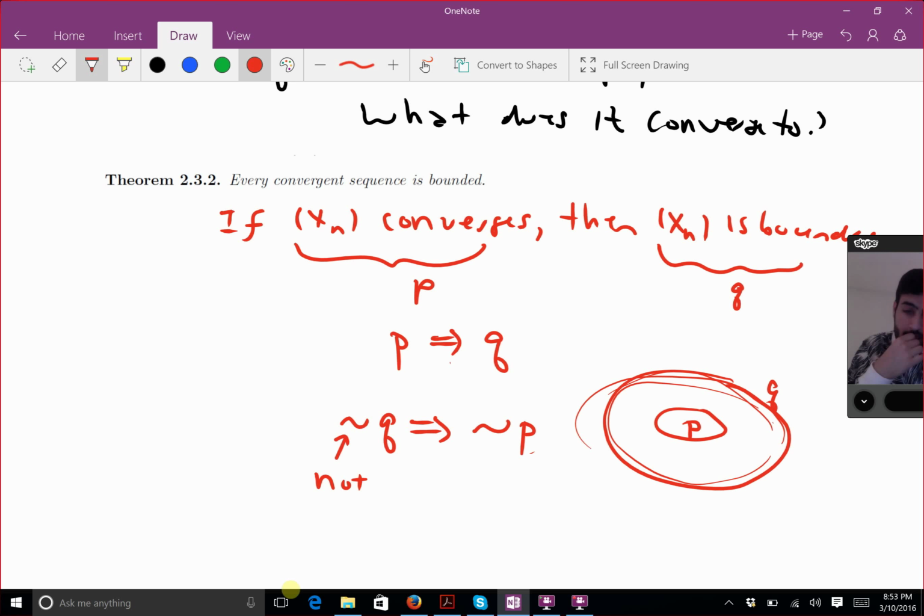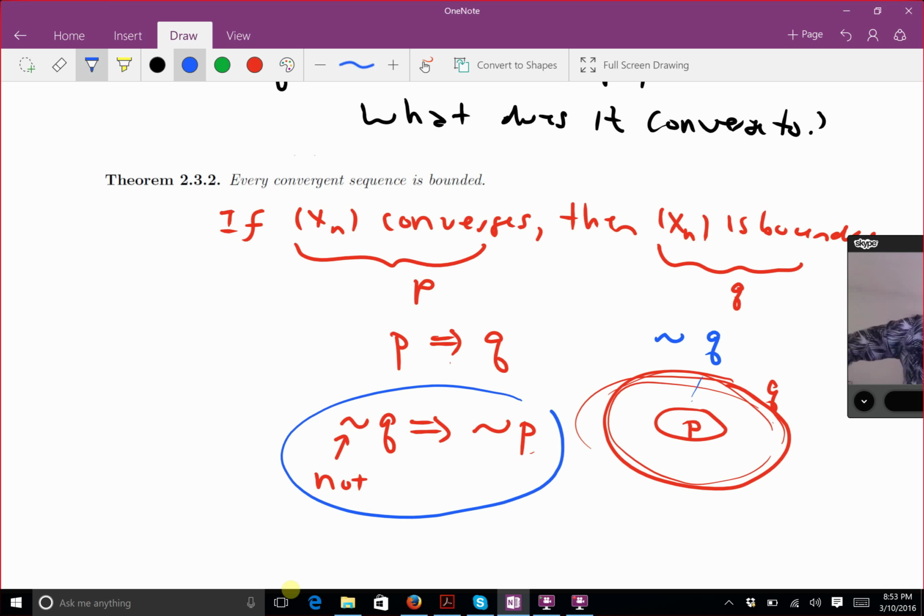Because if you're in here, you're in here. Everything outside of here is not Q. These are all the guys outside of Q. Notice that if you're outside of Q, you're outside of P also.